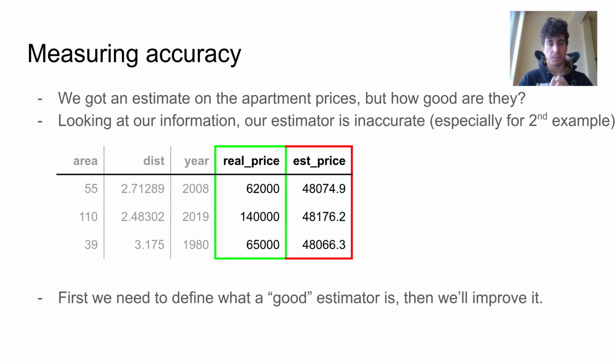So, how can we measure how good the estimator is? We have the real prices, we have the estimated prices, and let's see how we can define a way to measure the accuracy of the price.